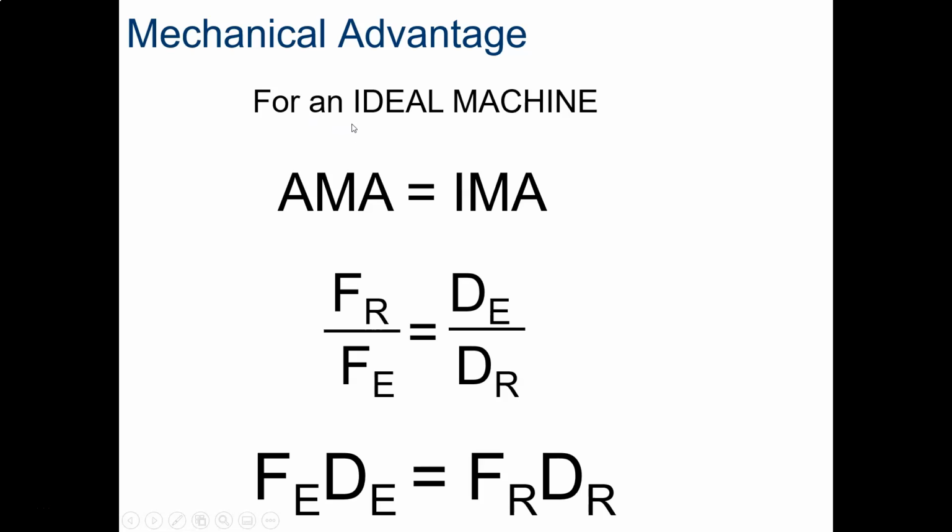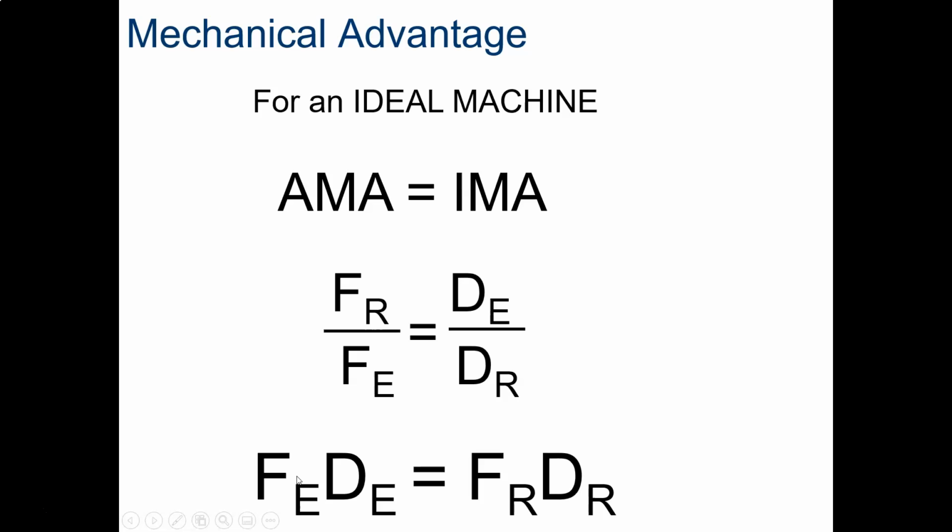For an ideal machine, your actual mechanical advantage equals your ideal mechanical advantage, meaning you actually get what you ideally should get. And this never happens, but allows us to do some prediction. Prediction allows us to predict what we should get out of a machine. So setting your AMA equal to IMA, Fr over phi equals dir over d, and cross multiplying, phi d equals Fr dir.